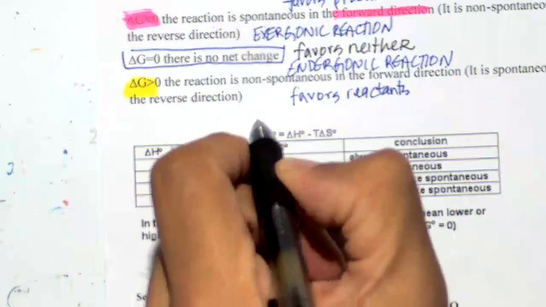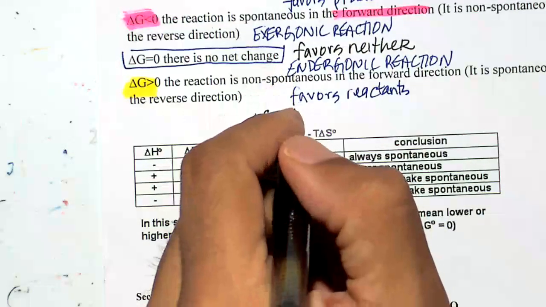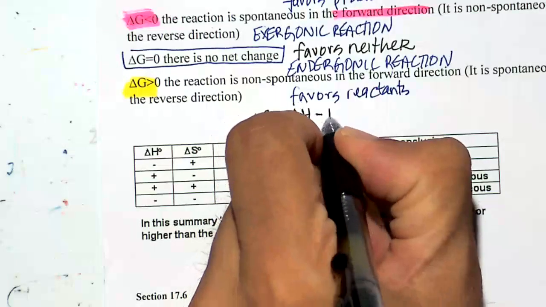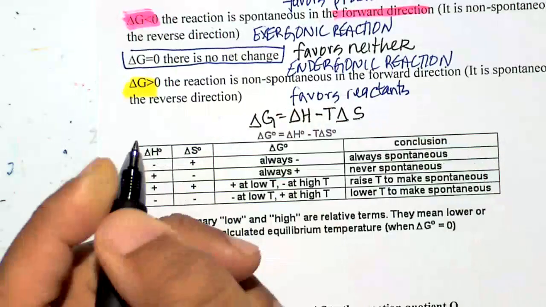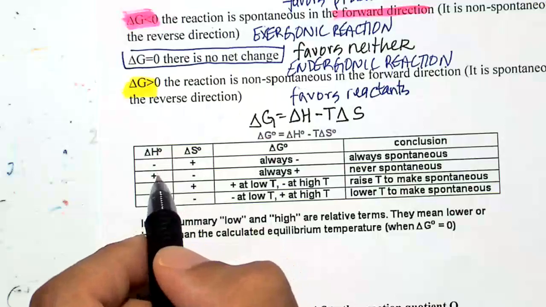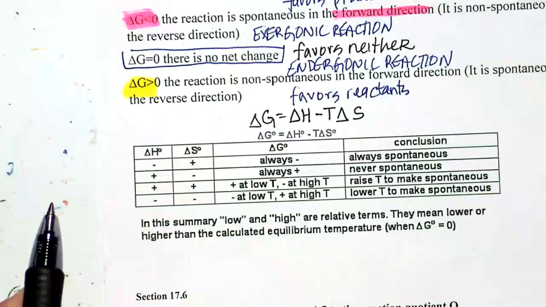All right, let's look at this together here. So we have delta G, which is the final judge of whether the reaction is going to go to products or not. Gibbs free energy, delta H minus T delta S. Or you can have it at standard state, which is right below it. All right, let's say your delta H is negative.